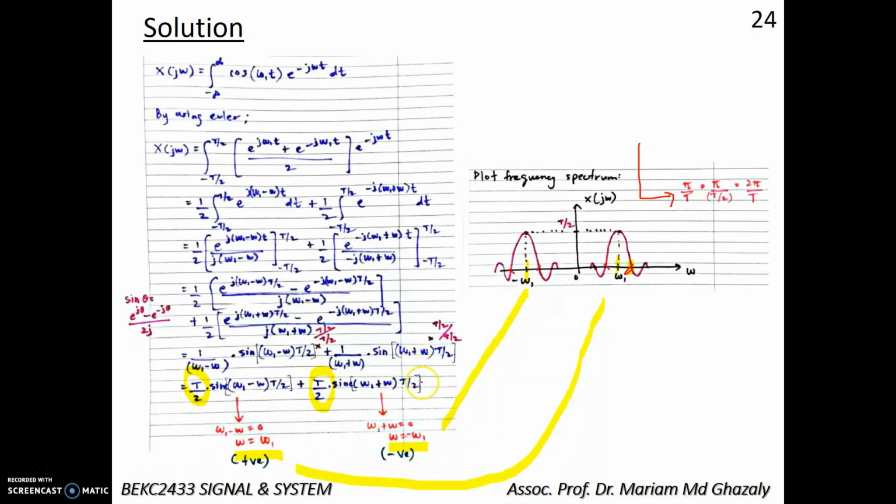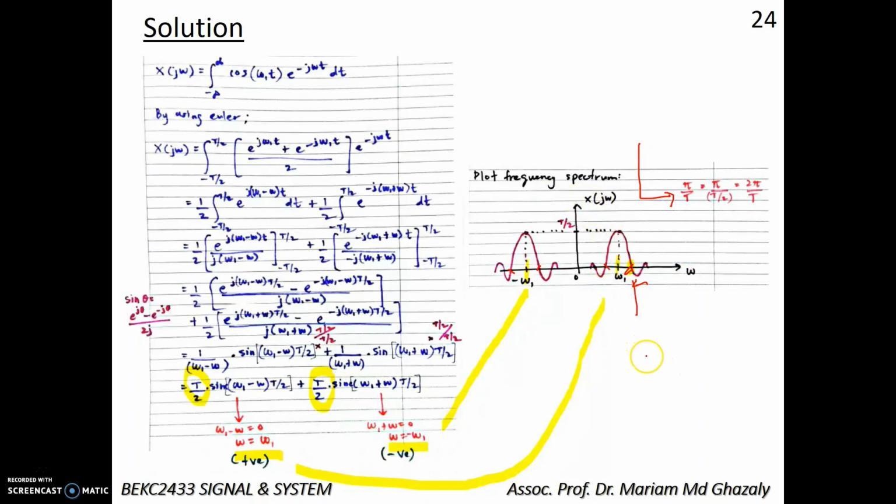So directly you can see that the t value is t over 2. So in the end the value here is 2 pi over t. So this one you have 2 pi over t. Right? So this is how you plot the frequency spectrum. It means that you have two different sinc signals on this plane. So you have the omega plane here, and then you have the frequency spectrum X(t omega).